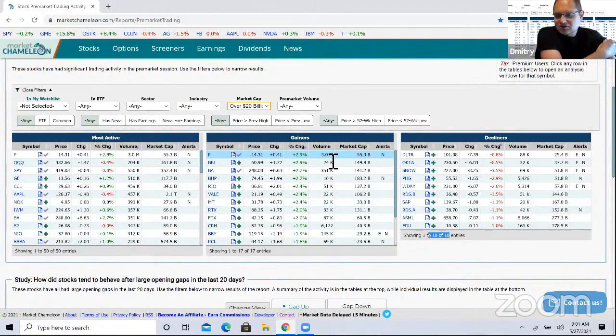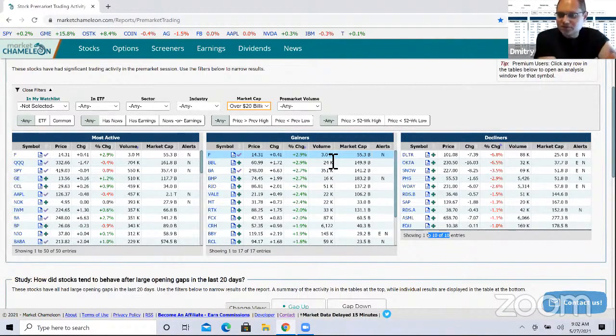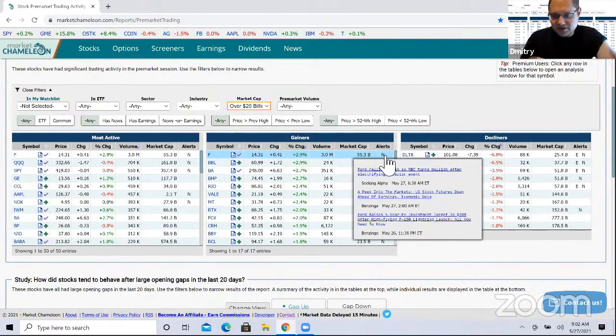I think supposedly the orders are off the charts for that new Ford F-150 that's going to be electric. Oh wow, okay, yeah, because we've been seeing this on the percentage gainers list almost daily now with a lot of volume. So 3 million shares trading, up 2.9% in the pre-market hours. There's some headline news there.